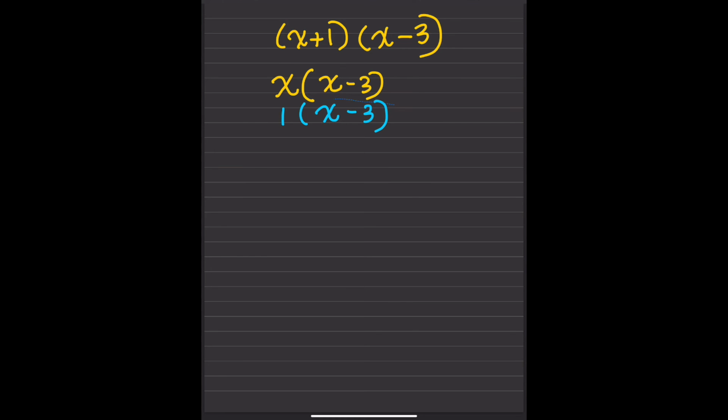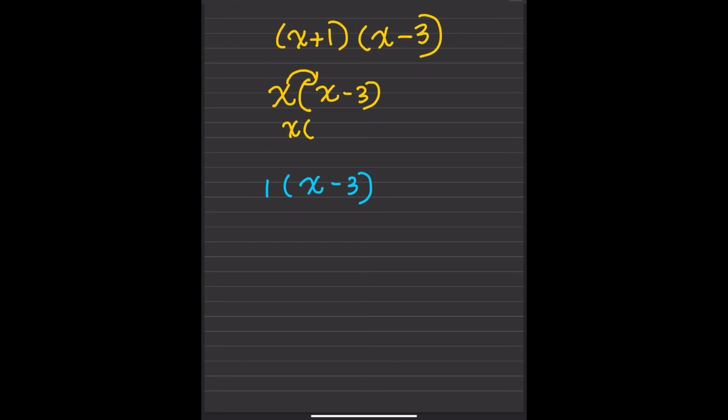Let me just move this downward so we have space. So it's the same thing. So this goes x times x and x times negative 3, which gives you x squared minus 3x.